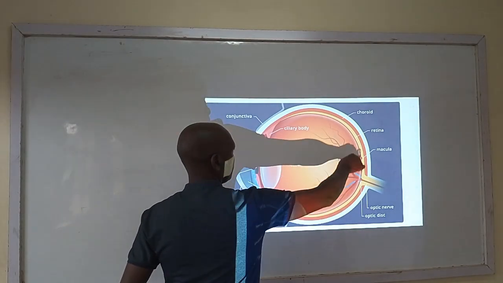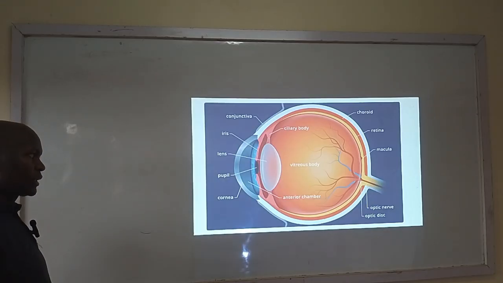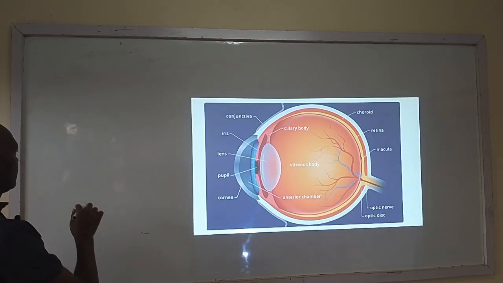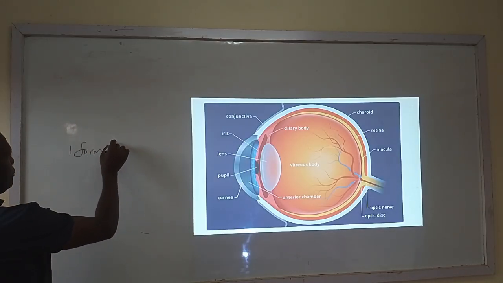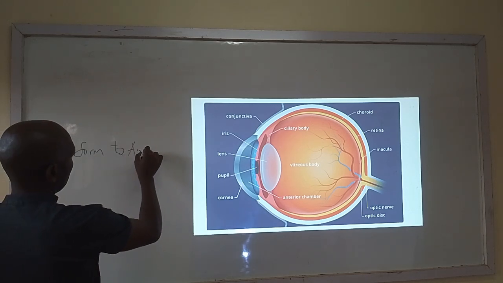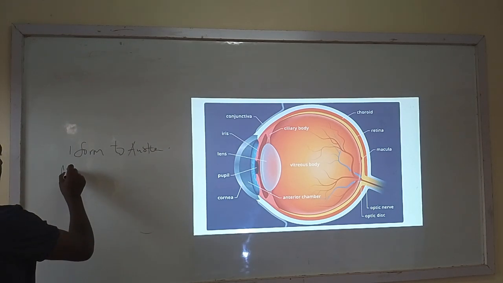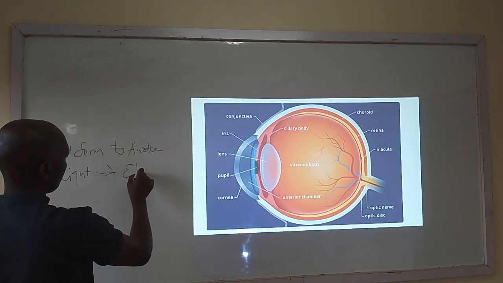This yellow layer you see here is where we have the photoreceptors, the cones and rods. And you know energy cannot be lost. You can just convert it from one form to another. Energy is never lost. That's why light energy has to be converted into electrical signals.